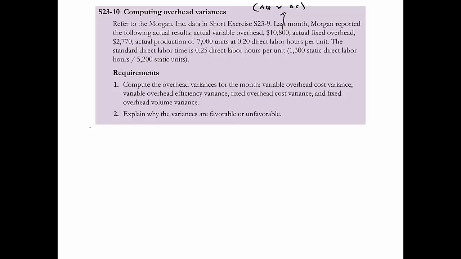Okay, so variable overhead cost variance is going to be, if we did that out the long way, the actual cost times the actual quantity minus the standard cost times the actual quantity. Because that's kind of how they gave it to us in this problem.